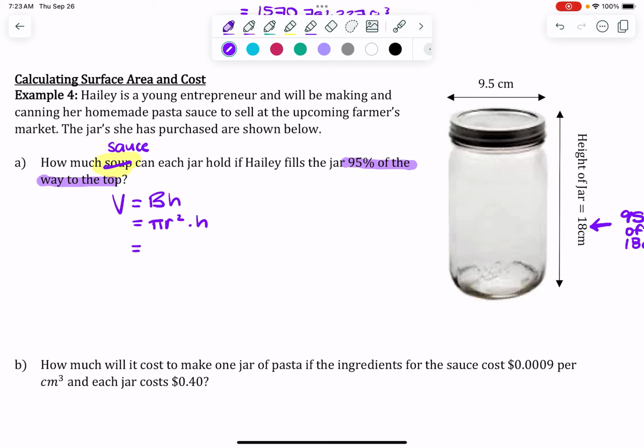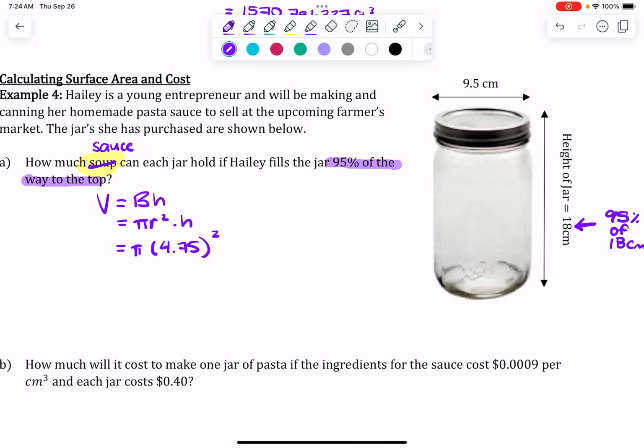Now, half of 9.5 is 4.75. And 95% of 18 is 17.1. But I'm going to show it with you in my steps here. That's like taking the height and multiplying it by 0.95.